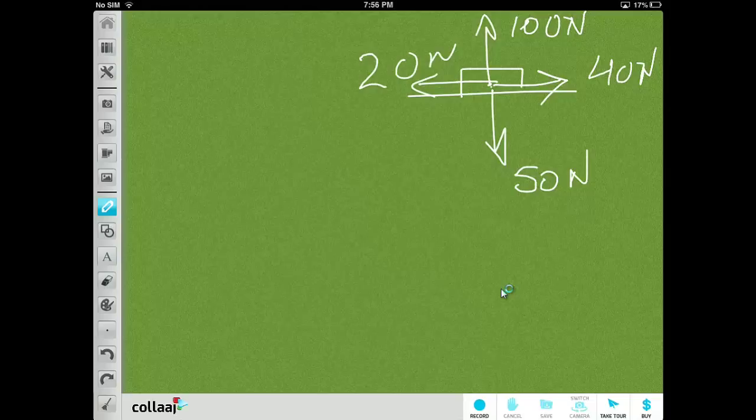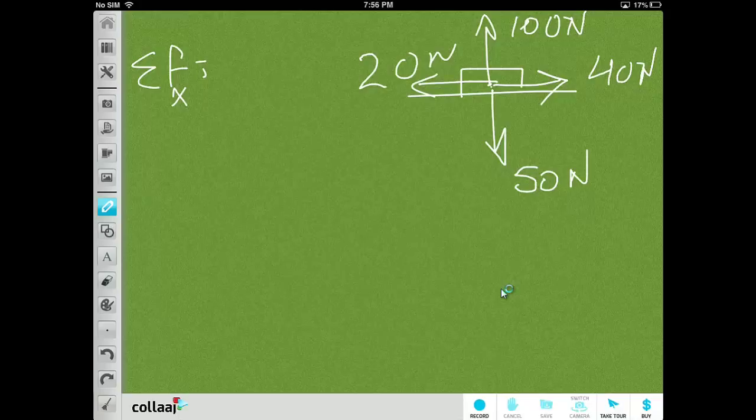Here, let's calculate the sum of Fx and the sum of Fy together. Sum of Fx is equal to right minus left. Basically, we know that you are adding, but because the 20 is on the west side, it's a negative force.